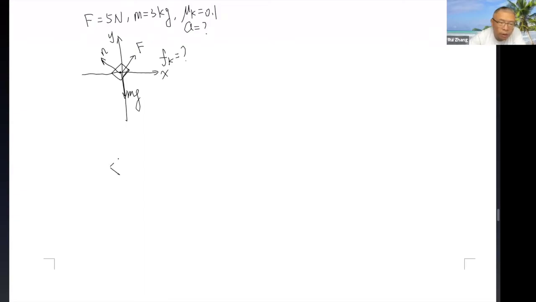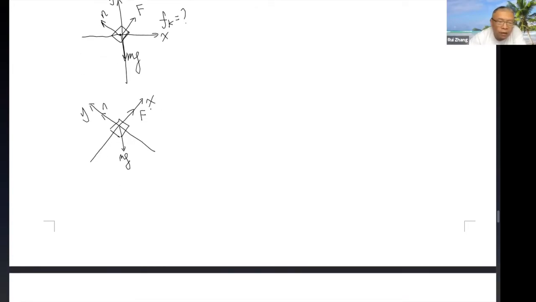We have this block here. You can set up a coordinate system like this, going one direction parallel to the surface, the other direction perpendicular to the surface. The advantage of doing that is that these two forces are already on the axes. The only one not on an axis is mg. So you need to find the component of mg. That's a single force, which is better than finding the components of both forces. You save your labor there. So let's do that.